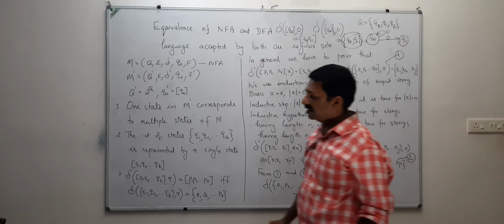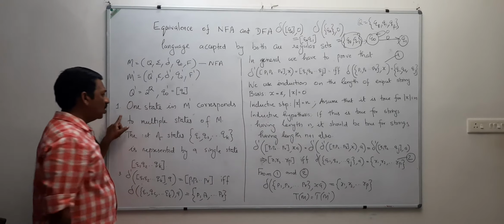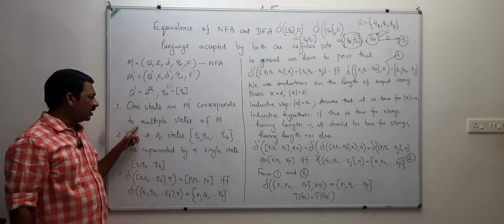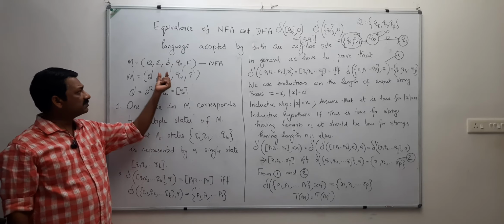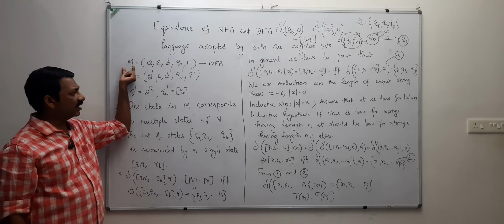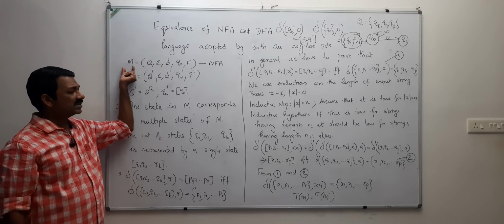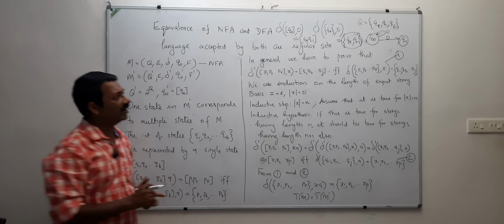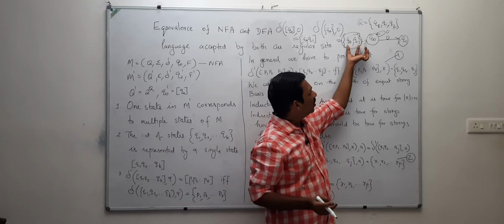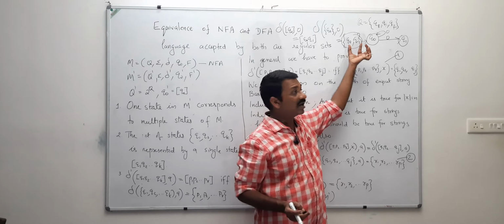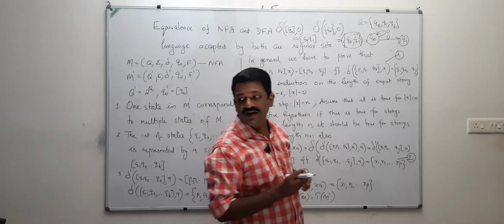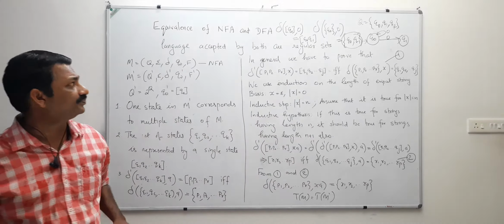That is why we have the statement: one state in M dash corresponds to multiple states of M. That means multiple states of the NFA are encoded as a single state in the DFA. For example, here Q0 and Q1 are encoded as a single state in this DFA.